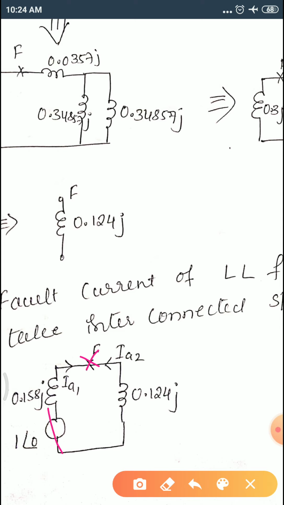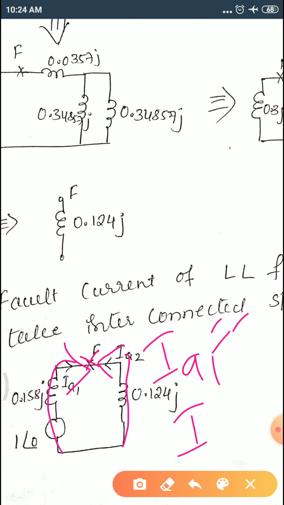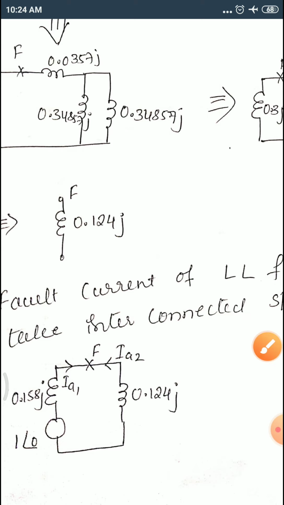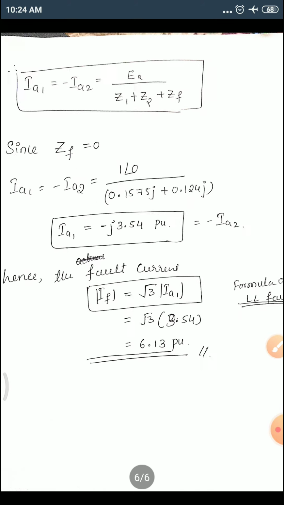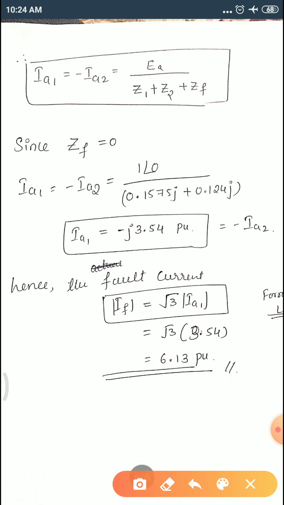So whatever current flows, it flows in this direction, and whatever I2 comes, it is in that direction. As we know, IA1 will be equal to minus of IA2. Okay, that we need to calculate. Let's calculate IA1. Okay, as we know, it will not consider any zero sequence value, so that's what we have not considered, and we have not calculated the zero sequence.